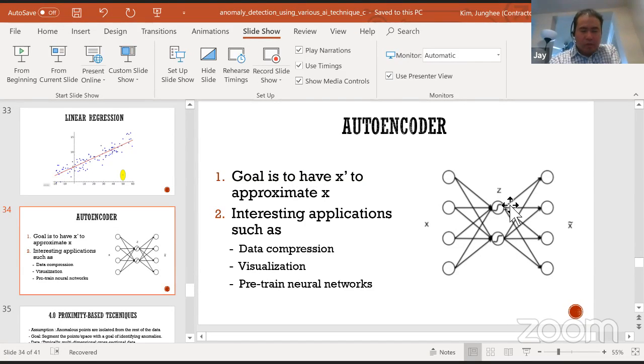If some value is not close to the main value, we can doubt it as an outlier as well. So there are different applications for this model, but I will just explain very briefly here.